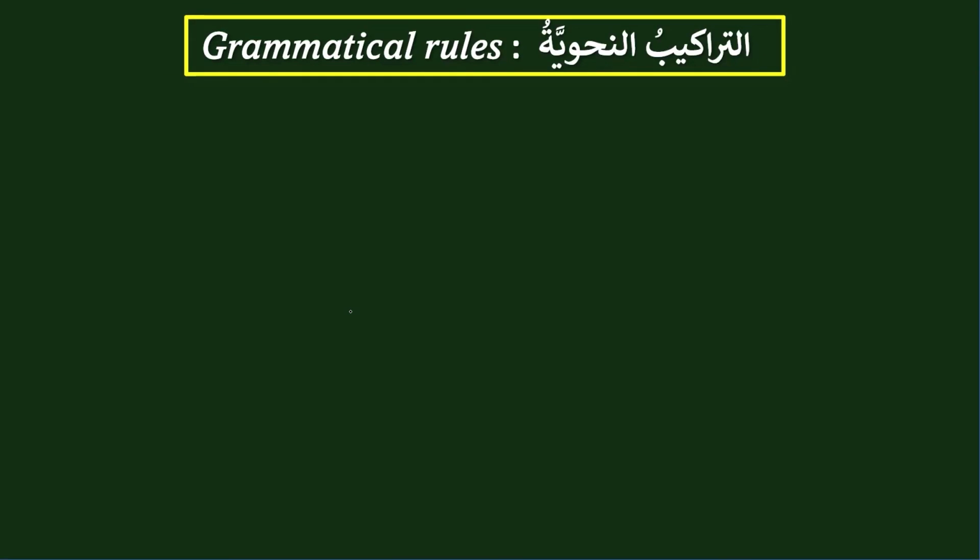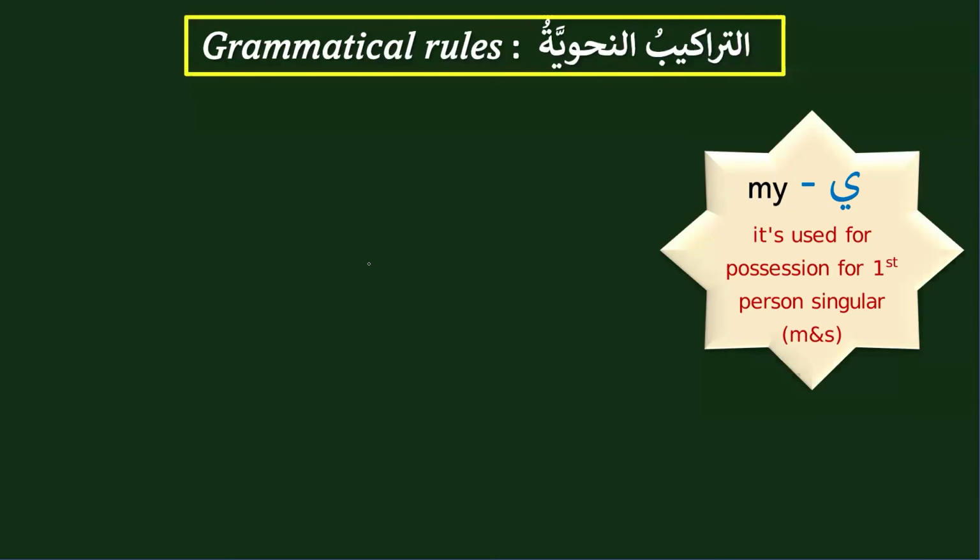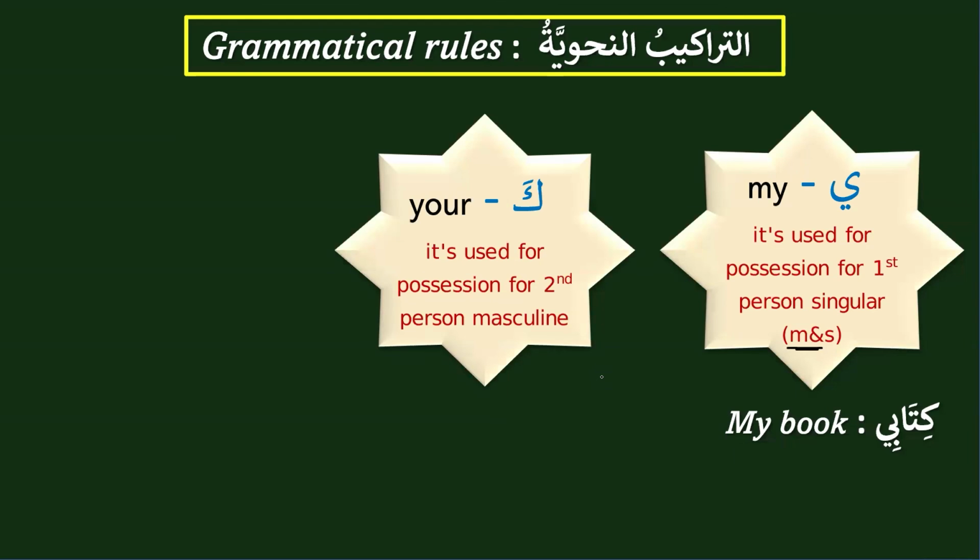At-tarakib al-nahwiyatu, grammatical rules. As we have learned already, ya means my, and it's used for possession for first person singular, whether masculine or feminine. For example, you say kitabi, that means my book. And then we have ka, that means your, and it's used for possession for the second person masculine.